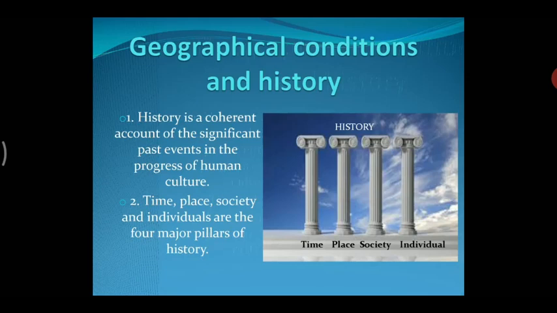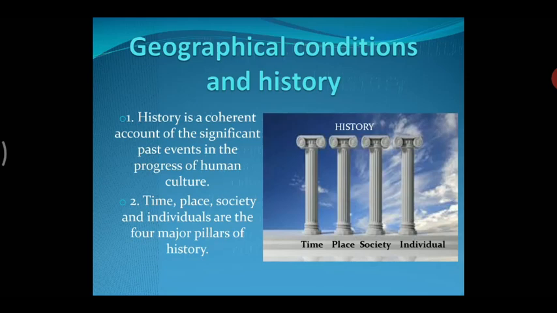Go on to the second point. Time, place, society, and individual are the four major pillars of history. Without these, history can't be possible. So, what are the four important pillars? You can see there is a picture over there. The first is time, place, society, and individual.